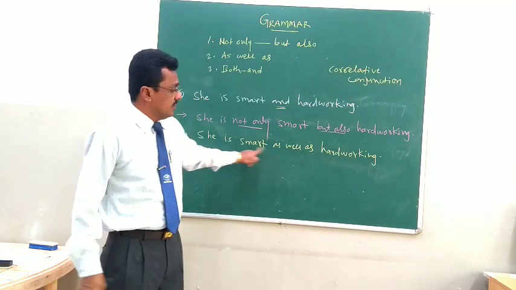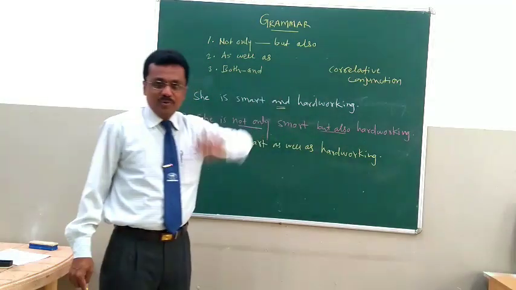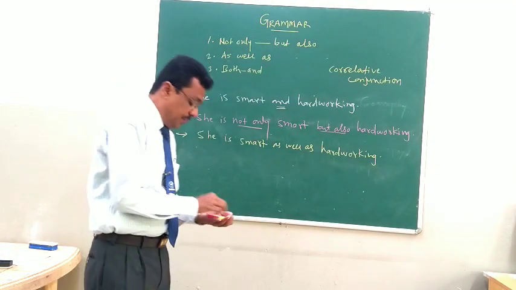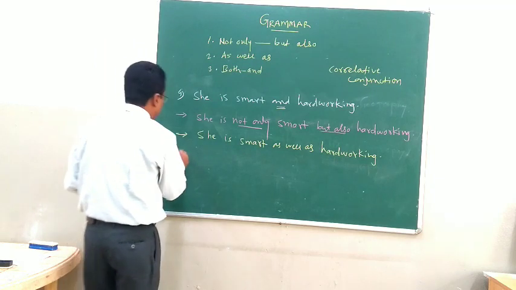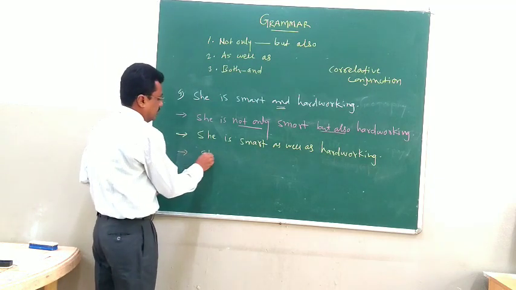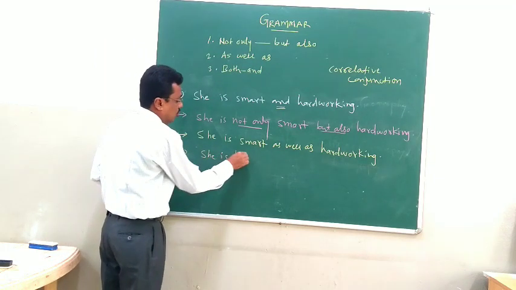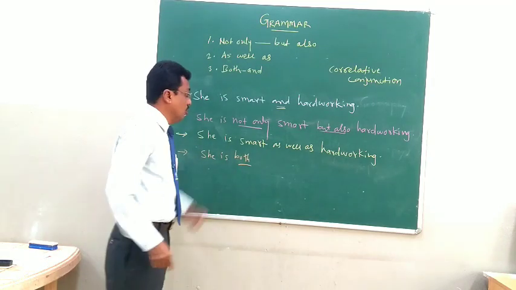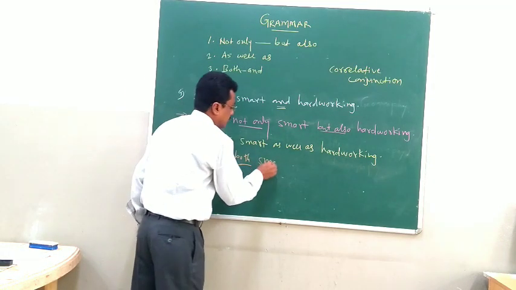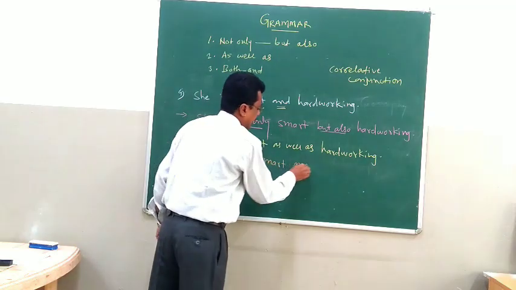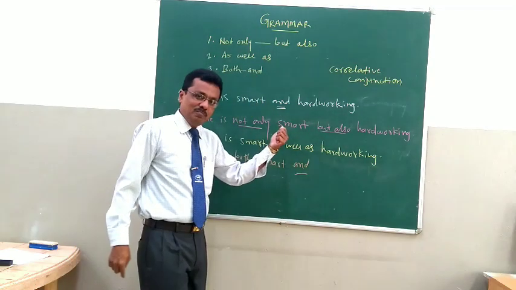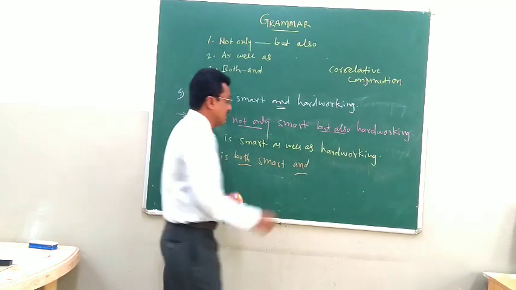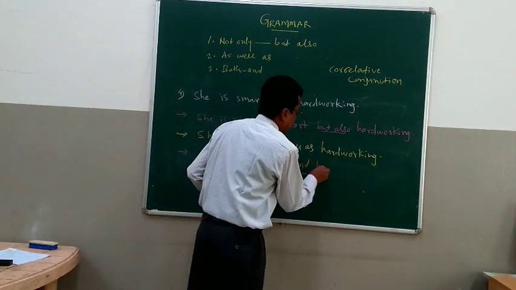She is smart as well as hardworking. Third example, both and. How can we do this? She is both. After the helping verb, she is both smart and hardworking.